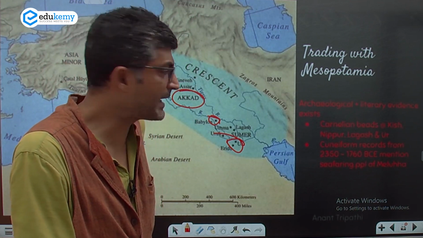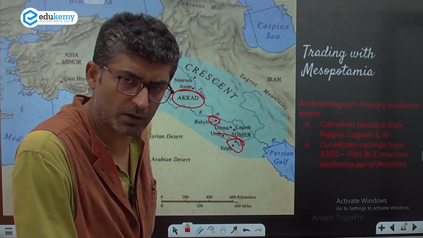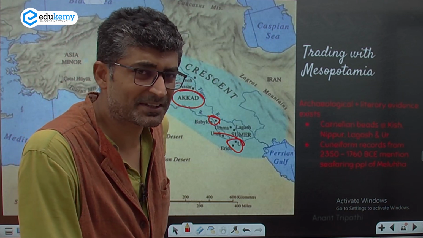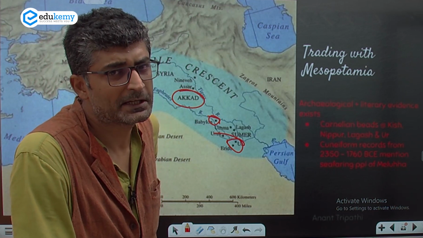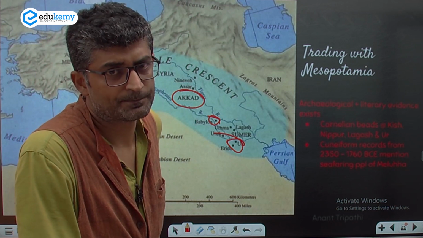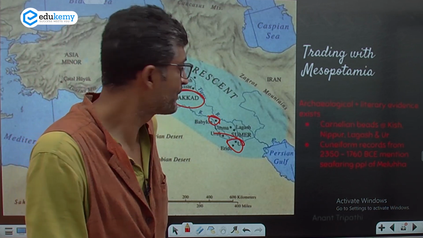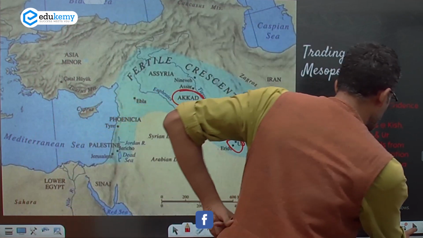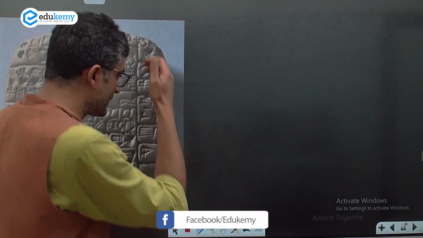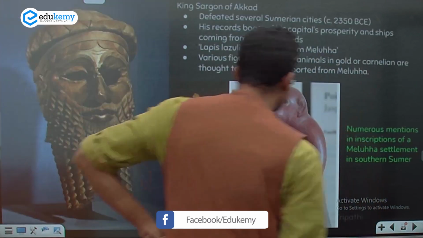Very interesting name, and scholars opine that this is basically the Harappan region, the region that we are studying. So let's try and understand this aspect a bit more.